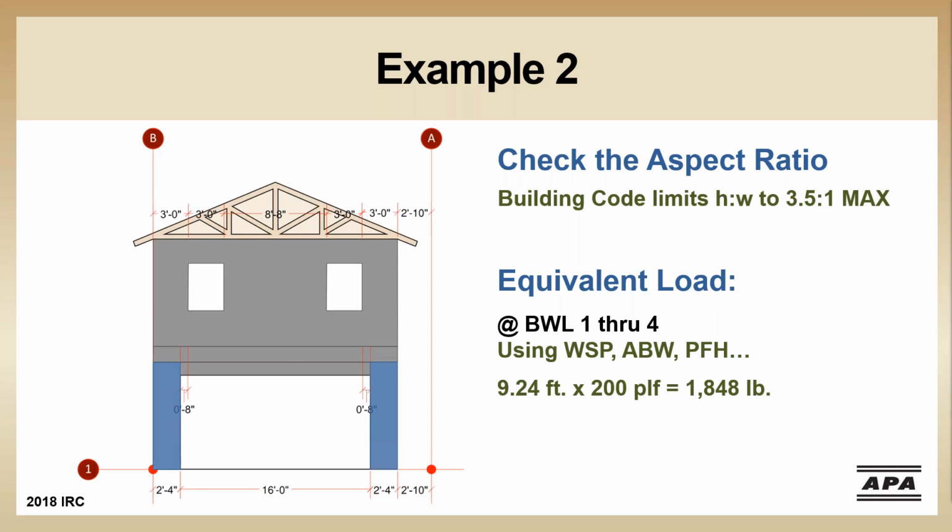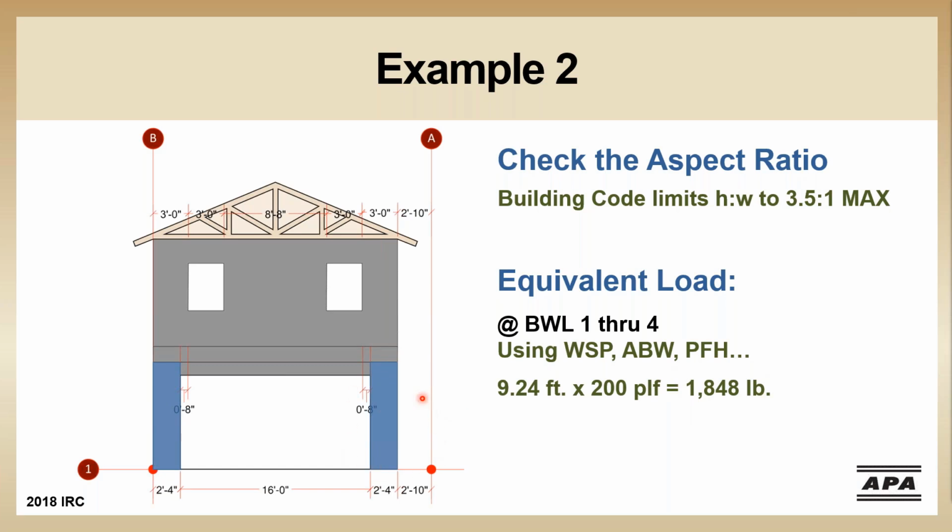So if we took that required 9.24 foot length required for the WSP wall bracing method and multiplied it by 200 pounds per foot, this is one way you might be able to use an engineered solution by designing for this shear load, specifically at this wall.